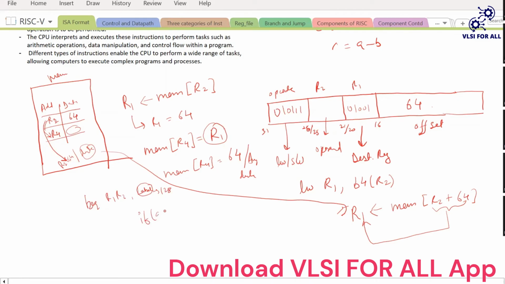If let's say A equals B, we do C equals A into B, else we do C equals A minus B. So in branch instruction, this is our R1, this is our R2. It compares both of these. If the result of these two is equal, then we go here. If it is not equal, then we go here. So for this going to here, the address of this else is given here, right? 128.